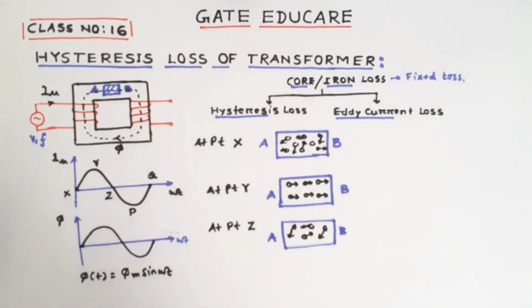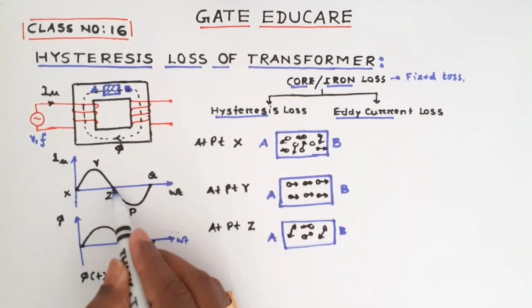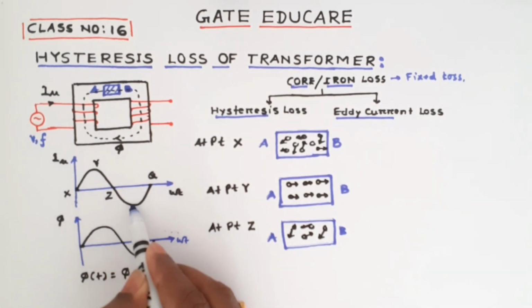At point P, the magnetic flux is again maximum, but in the reverse direction.